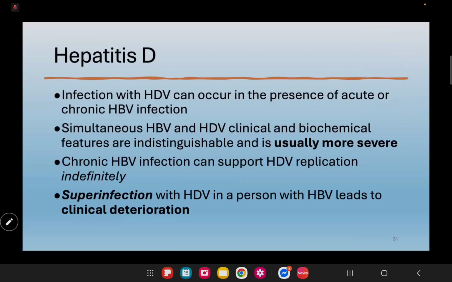We'll talk about the pathogenesis and the clinical course. Infection with hepatitis D can occur in two settings. Number one, very important, is what we call co-infection. Co-infection meaning hepatitis B and hepatitis D are acquired simultaneously.